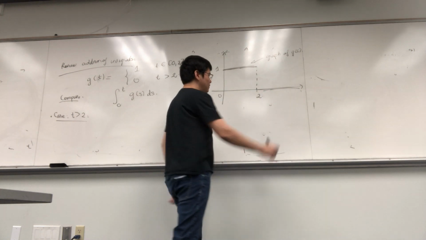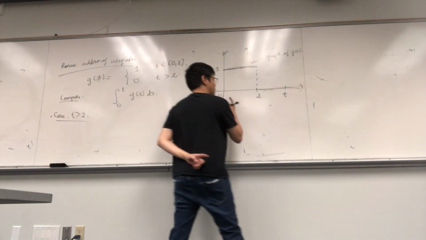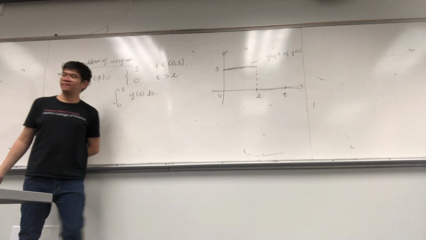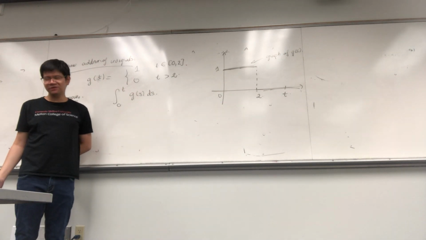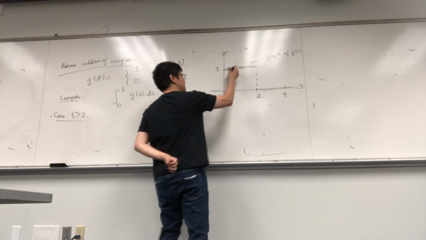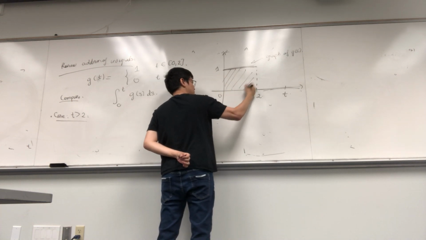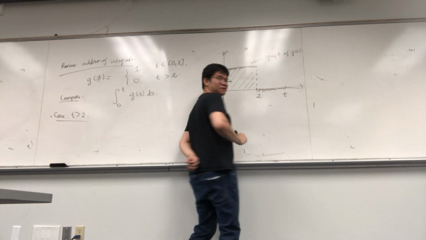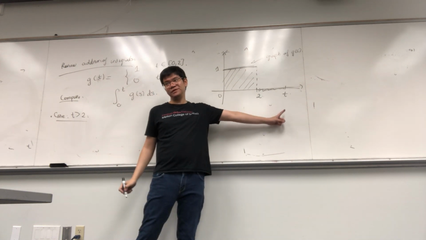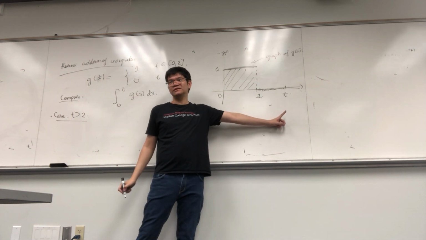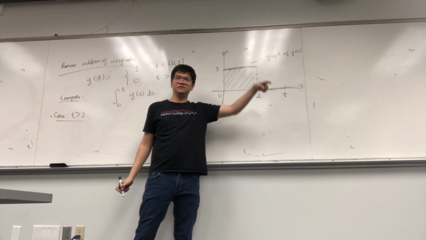All right? So now I want to compute the integral from 0 to t, sorry. So this is going to be this area plus this area. But this area will be 0. This is what happened in the previous case. Right?